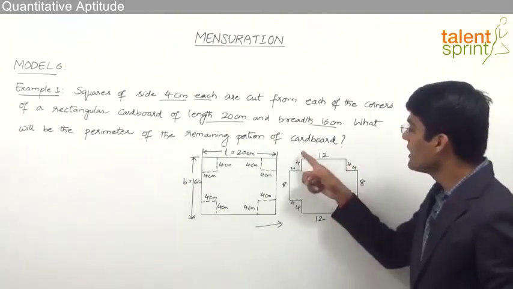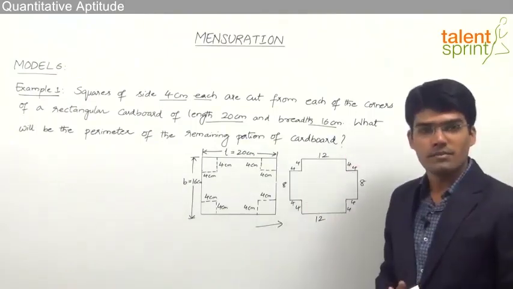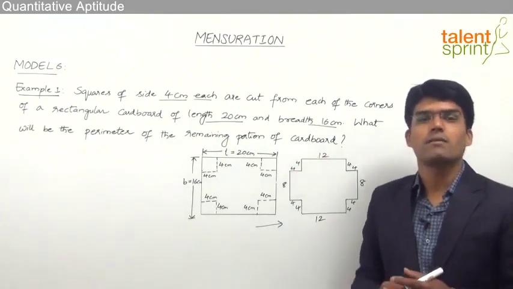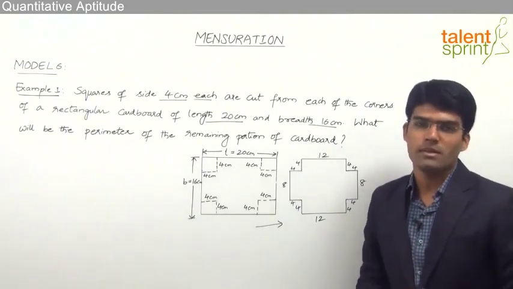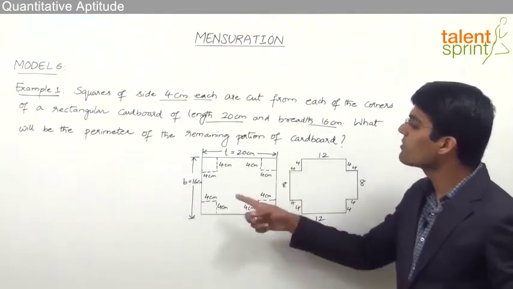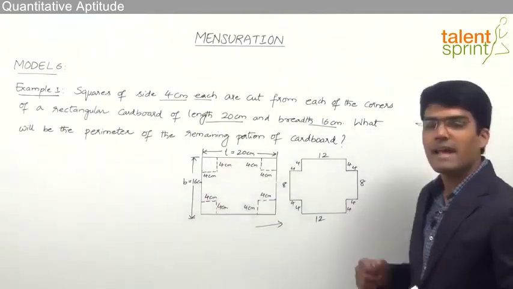So we have to find out the perimeter of the remaining portion. We very well understand that perimeter is nothing but the length of the boundary of the given two-dimensional shape. Now here the two-dimensional shape that we have after cutting out 4 squares from each of the corners is as shown.